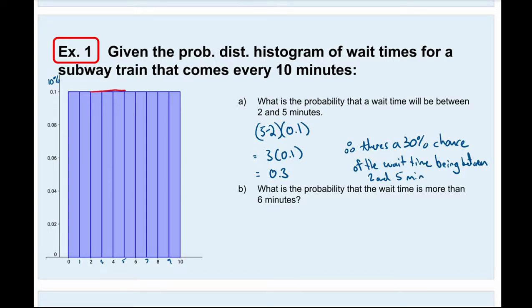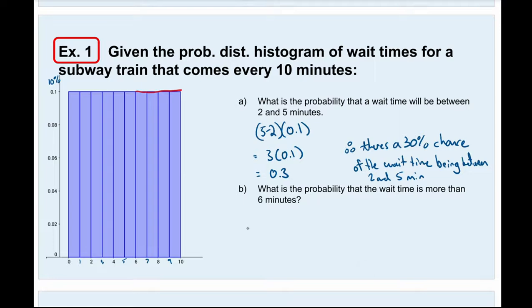What is the probability that our wait time will be more than 6 minutes? So that means from 6 minutes up to 10 minutes. So here we're going to find the area again, but for a different section, everywhere from 6 to 10.